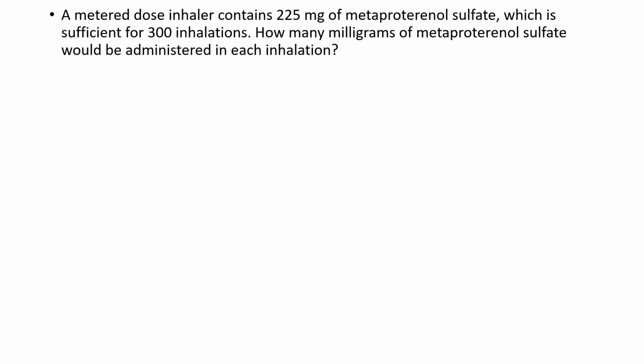A metered dose inhaler contains 225 milligrams of metaproterenol sulfate, which is sufficient for 300 inhalations. How many milligrams of metaproterenol sulfate would be administered per inhalation? So this one is easy. 225 milligrams over 300 inhalations.